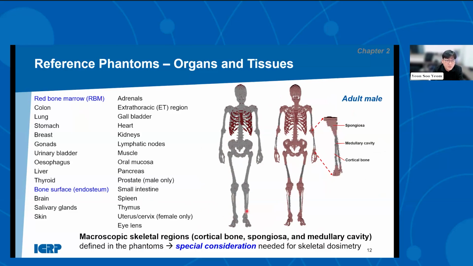Given this situation of the skeletal system of the reference phantom, we need to consider a special approach for the skeletal dosimetry calculation using the reference phantom, which will be explained more later. And as a result, the absorbed dose to all the necessary organs and tissues can be calculated using the reference phantom.